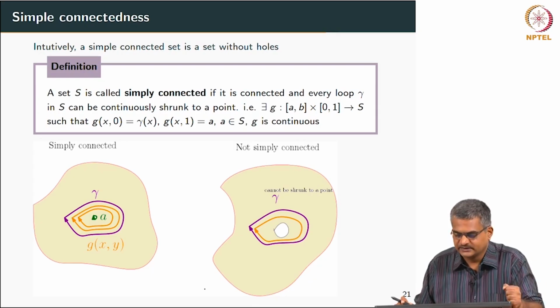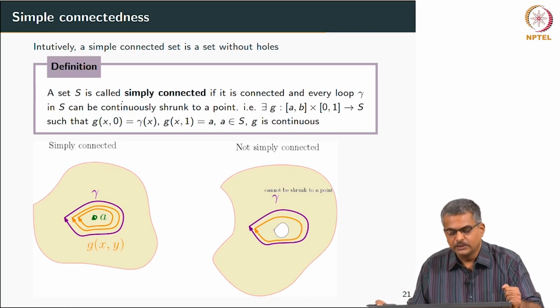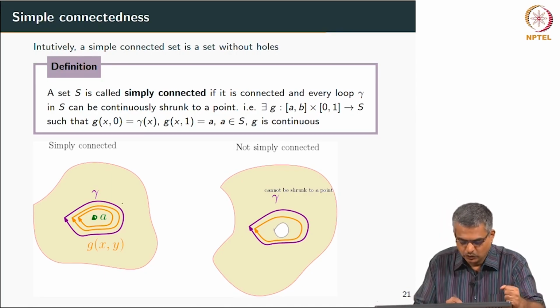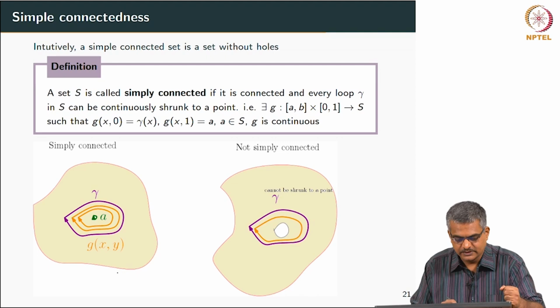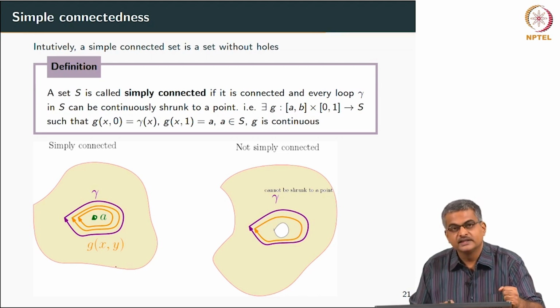Once we have this notion of loops or closed curves, we can define the notion of a simply connected set. A set S is called simply connected if it is connected, that is the first requirement, and every loop gamma in S can be continuously shrunk to a point in the set.